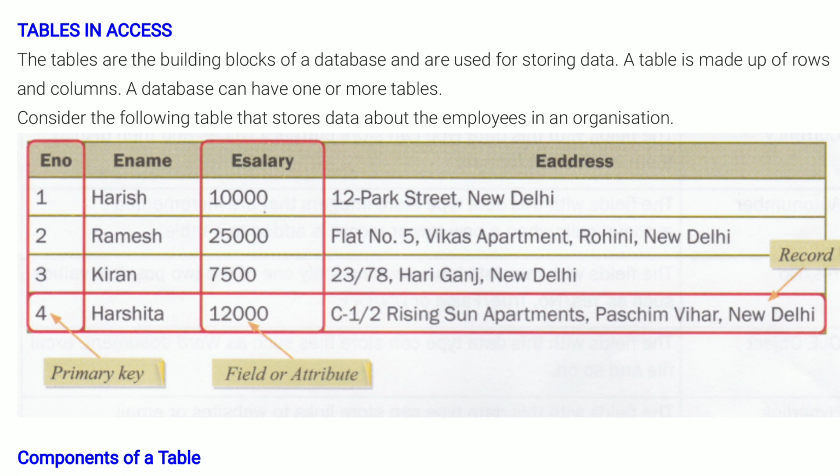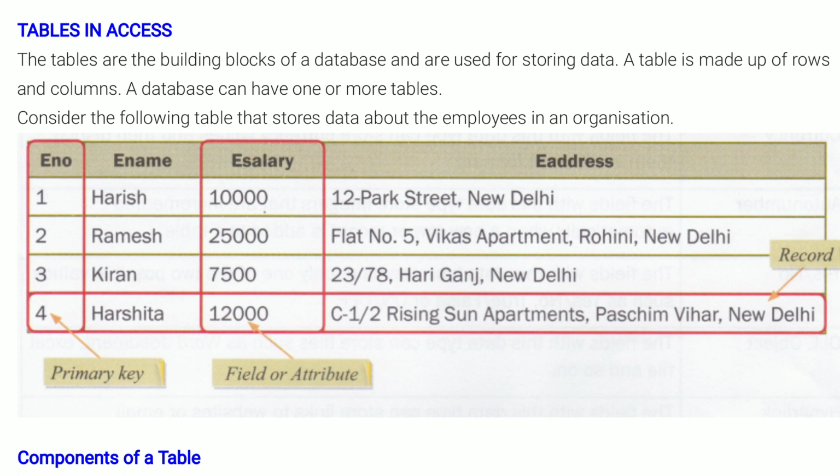Just consider the table as you can see on the screen. This table has the data that is stored about the employees in an organization. In this table, you can consider there are four fields. As I already explained, in the language of database, columns are known as fields or attributes.